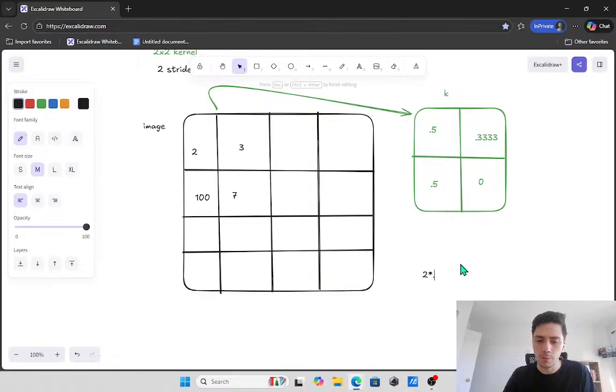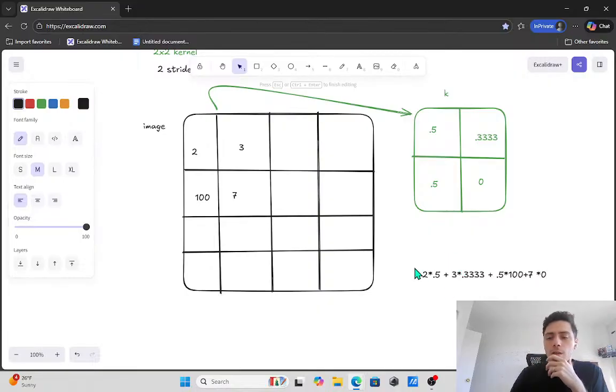So we would take 2 times 0.5 plus 0.3 times 0.33333 plus 0.5 times 100 plus 7 times 0. So this would be the operation, and we would end up getting 1, 1, and 50, so 52.